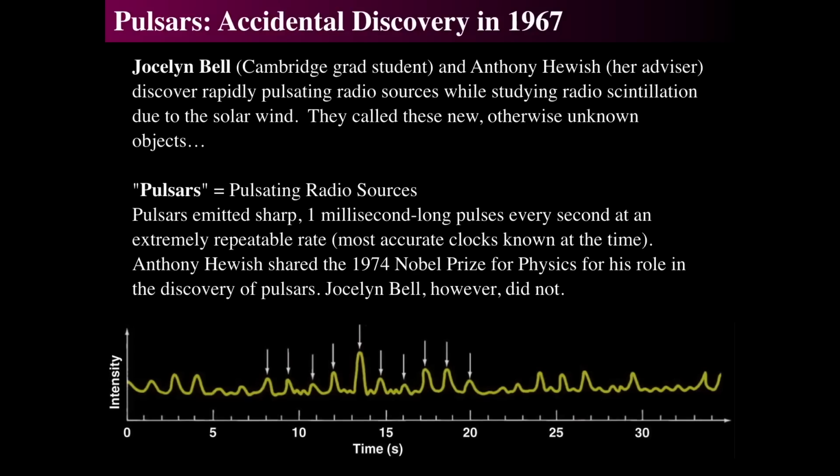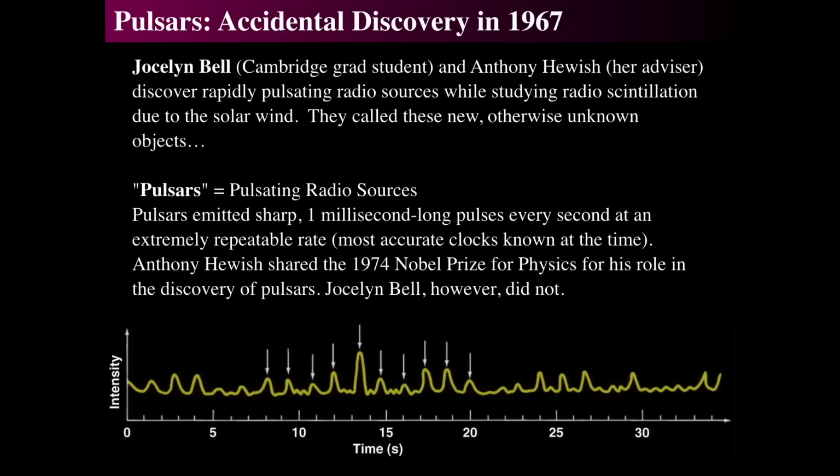So they set up a series of radio antenna arrays on a big field and watched as the sun went overhead, and they watched the sky to see what the scintillations were at radio frequencies. They were looking for very short period variations, because they were looking for scintillation due to the solar wind.